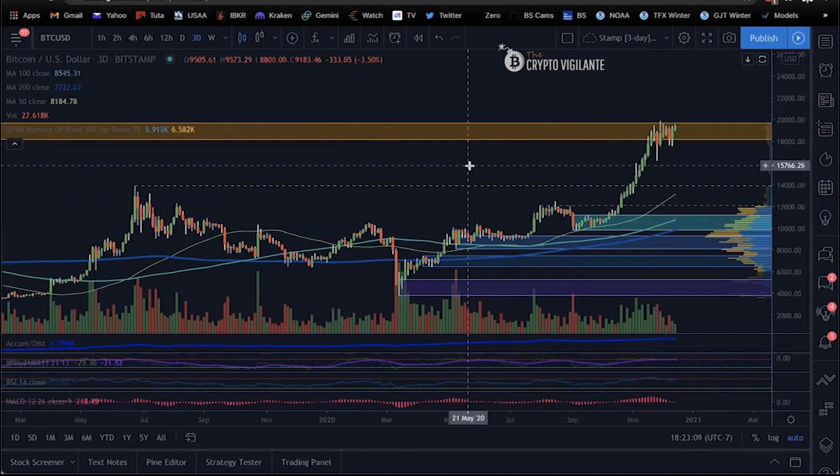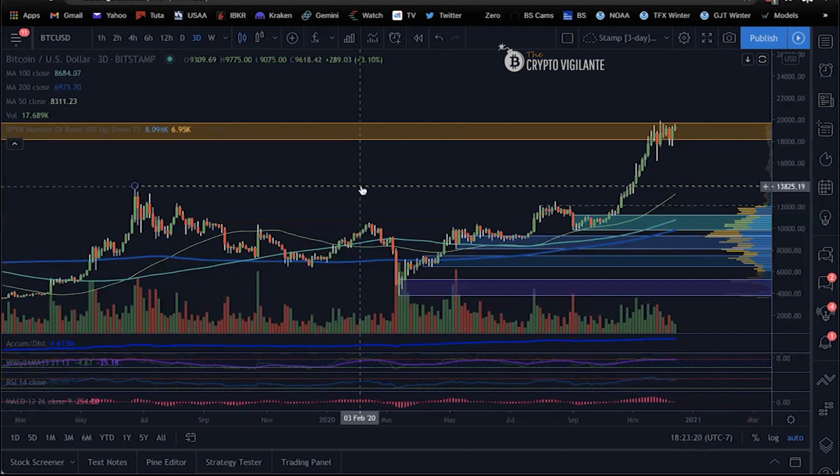There are different names for a lot of these things, but that's not really important. What's important is what the wicks and bodies look like on the close. That's what we're looking at when we're talking about bullish and bearish candle formations.